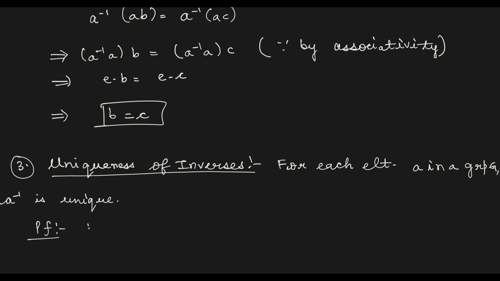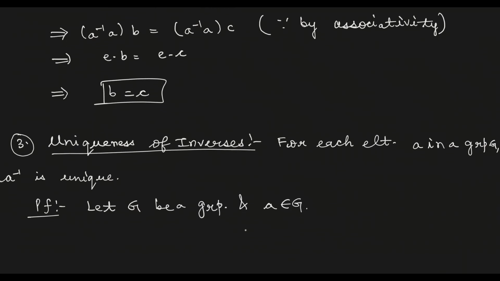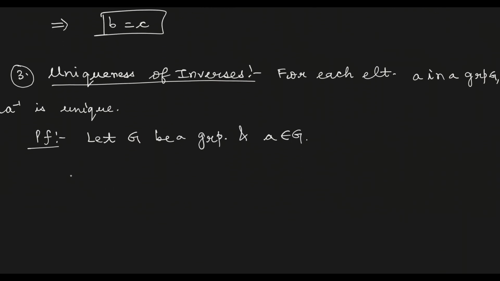Proof. Let G be a group and a belongs to G. Here also I am supposing that there are two inverses for a single element. Let, if possible, b, c belongs to G be two inverses of a.